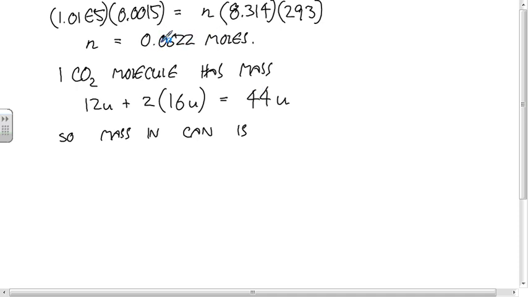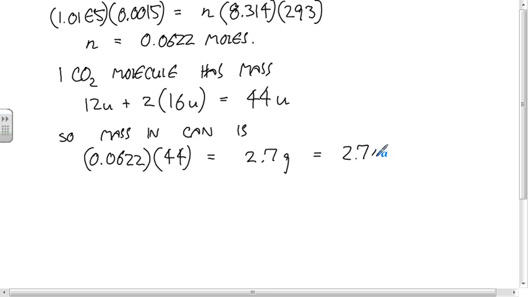So I'm just going to multiply 0.0622 times 44, and that's the number of grams. 0.0622 times 44 is equal to 2.7 grams, or in other words, 2.7 times 10 to the minus third kilograms.